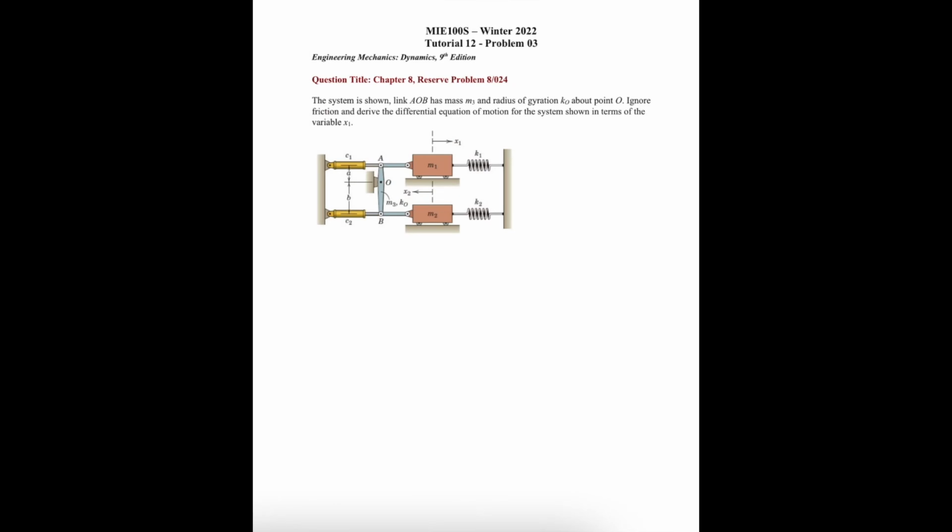Now for our third and last question of the term. A system is shown, link AOB, has mass m3 and radius of gyration ko about point O. Ignore the friction and derive the differential equation of motion for the system shown in terms of variable x1.